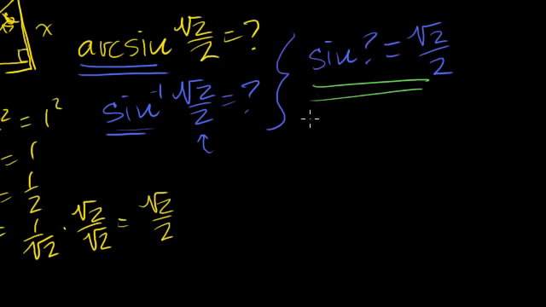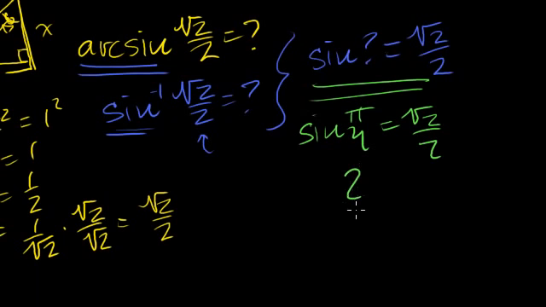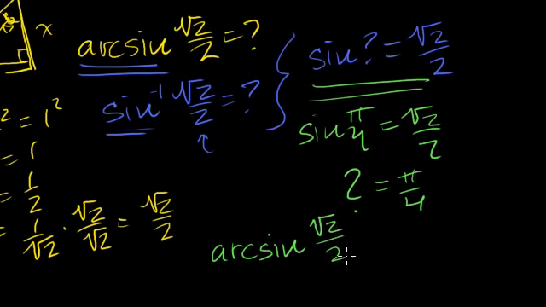So my question mark is equal to pi over 4. Or I could have rewritten this as the arcsine of square root of 2 over 2 is equal to pi over 4.